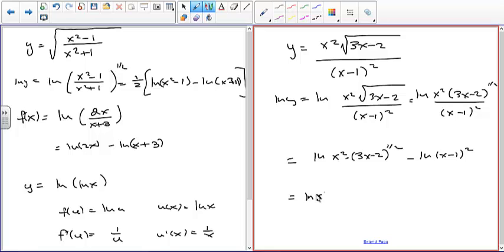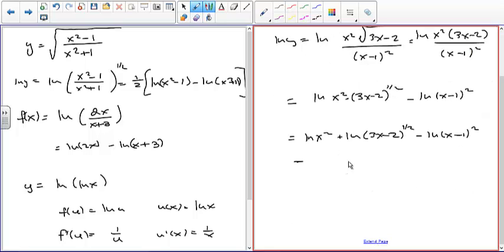The natural log of x squared, and then plus the natural log of (3x minus 2) to the 1/2. And then what's the last thing we could do? Bring the exponents out as coefficients. Yeah. That's it.